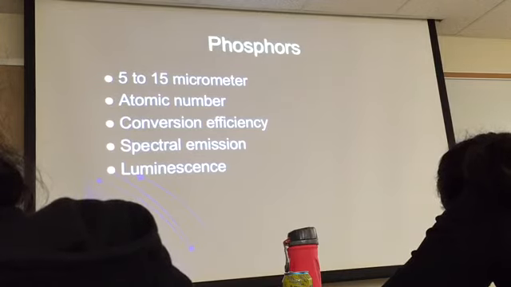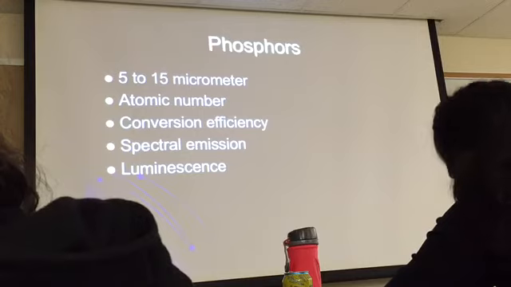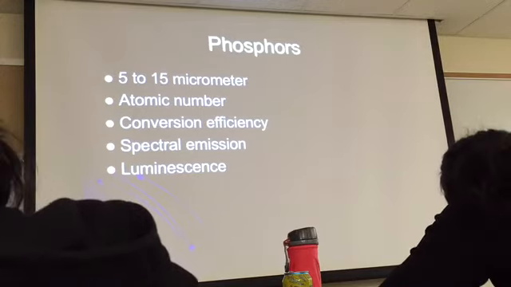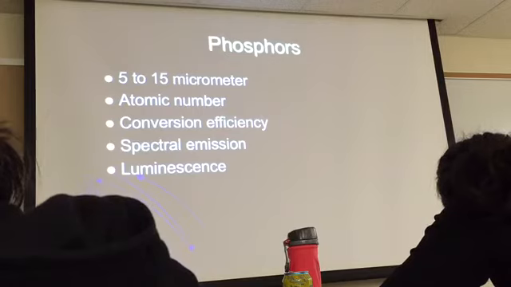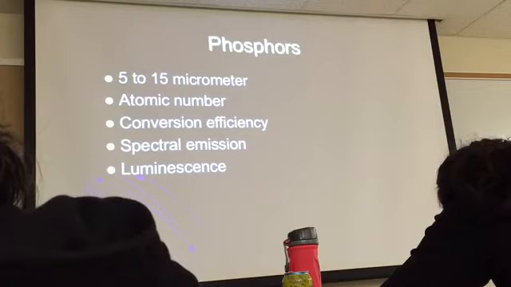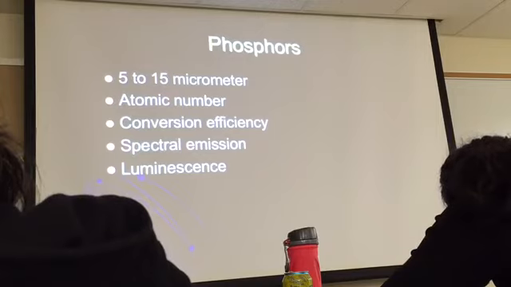And then you have phosphorescence. Phosphorescence is the emission of light, but it takes time. It's called afterglow, or screen lag. L-A-G, lag. Like when you're in a race and you're lagging behind because you're the slowest. Slow glow.